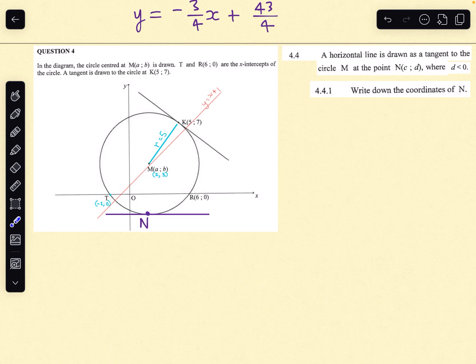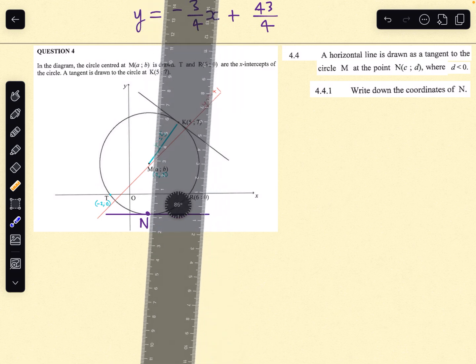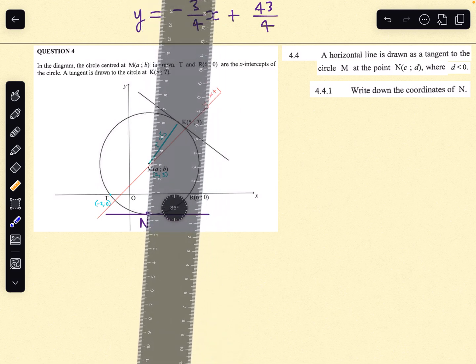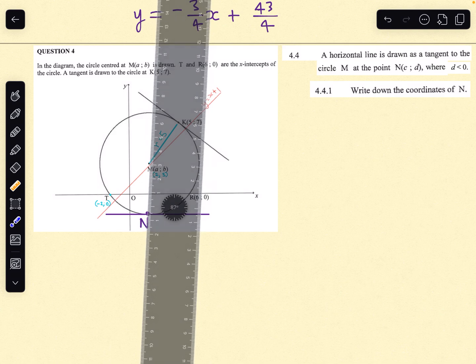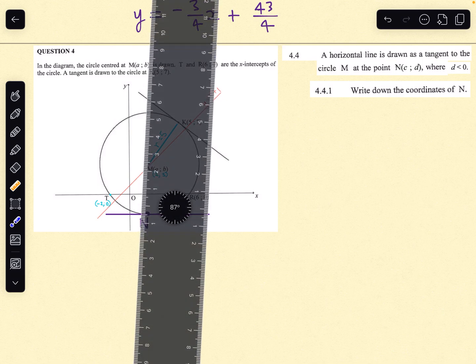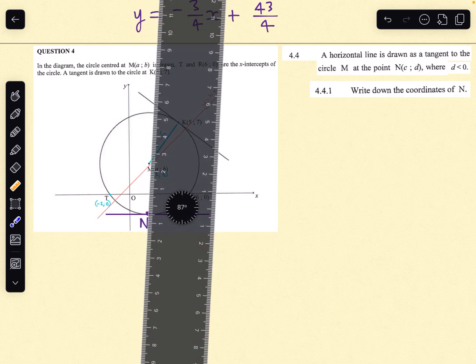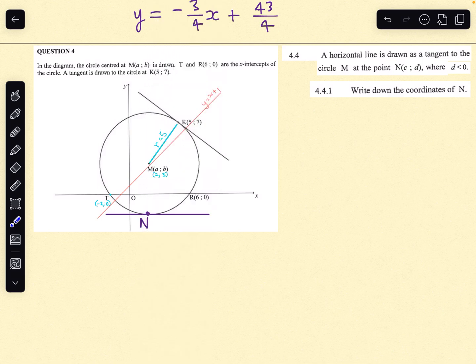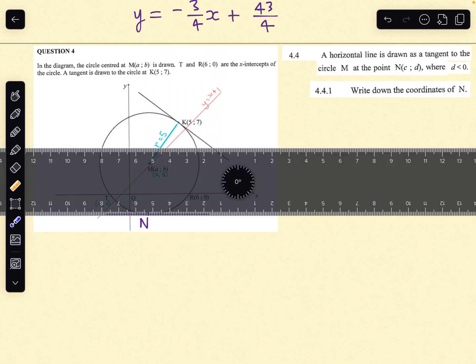So we can draw that radius for ourselves. Yeah, my numbers are not numbering here, but anyway. Or maybe let's try this again.